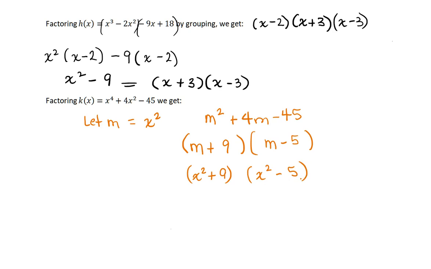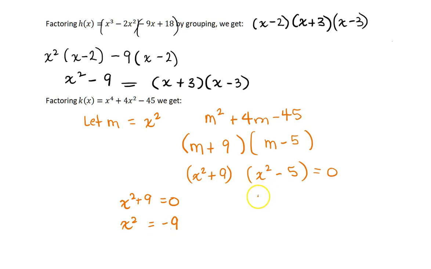When we do this, we're going to have to solve it, so we set each factor equal to 0. I have x squared plus 9 equals 0, which becomes x squared equals negative 9.